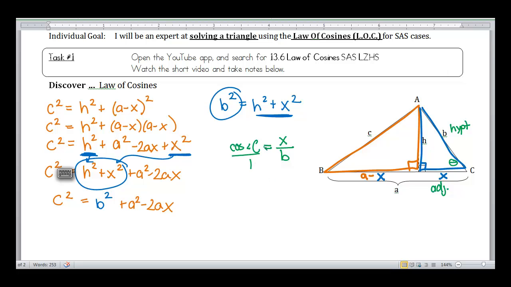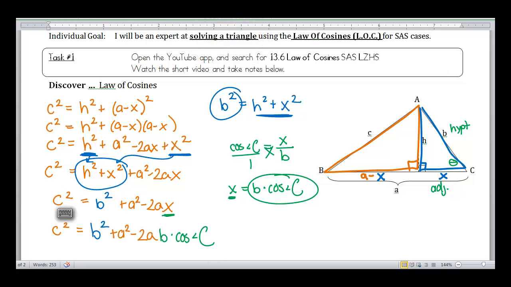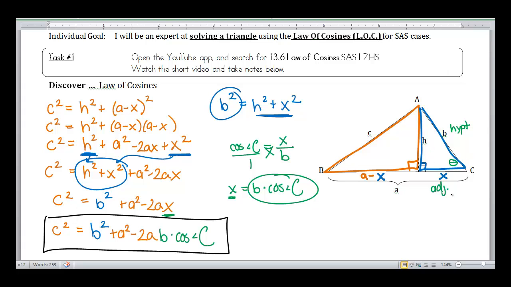If I put that over 1 and again cross multiply, X will be B times the cosine of angle C. Now everywhere that I have X, I can replace it with what we know it's equal to. So let's go ahead and do that. And at this point, we have our law of cosines. If we wanted to solve for angle C, or if we were given angle C, this is the version of law of cosines we would use.